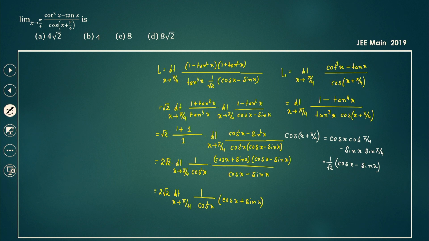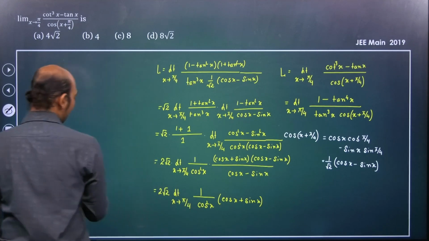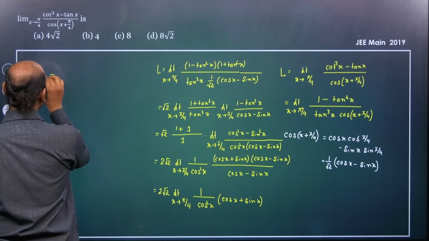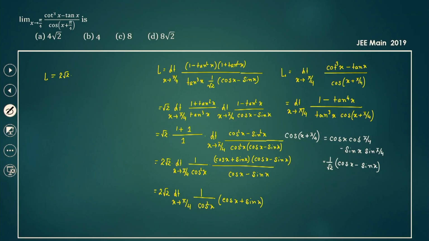Now see that in this case, we can easily apply pi by 4. So my limit will reduce to 2 root 2 times 1 by cos square pi by 4, that means 2, and then 1 by root 2 plus 1 by root 2. So we can say that it will be 2 root 2 multiplied by 2 multiplied by 2 by root 2. So the final answer will reduce to 8.